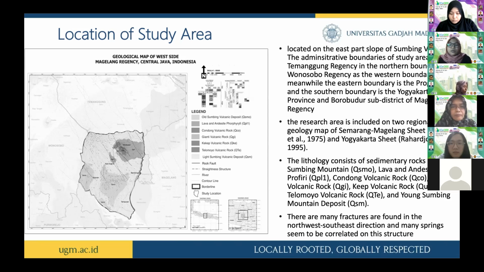The lithology consists of sedimentary rock of Old Sumbing Mountain, lava and andesite porphyry, Condong volcanic rock, Gianti volcanic rock, Kekep volcanic rock, and Telomoyo volcanic rock, and the dominant one is the Young Sumbing Mountain deposit. There are many fractures found in the northwest-southeast direction, and many springs seem to be correlated with these structures.